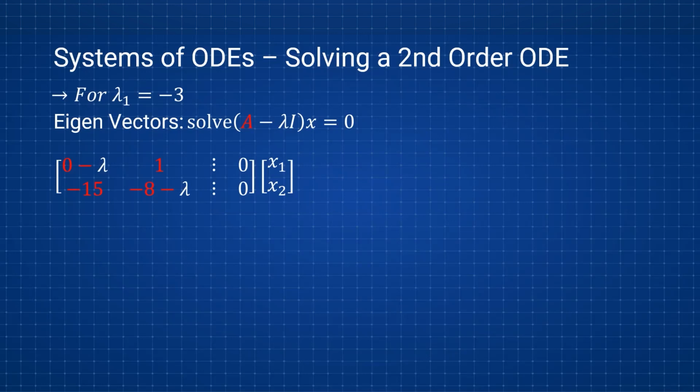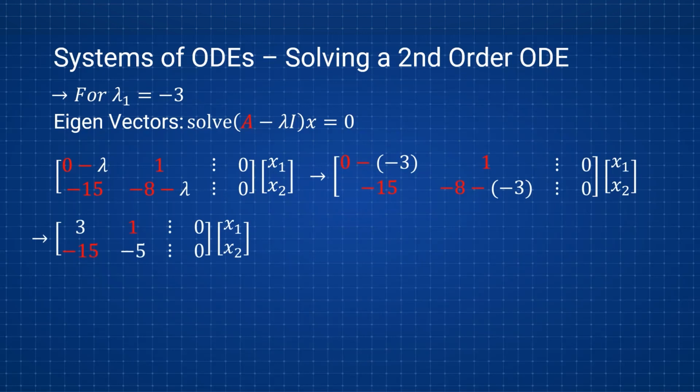In this case, it's not a determinant anymore; this is an actual matrix, and we're doing matrix multiplication. Wherever the lambda is, we substitute the eigenvalue, which in this case is negative 3. So we have 0 minus negative 3, 1, negative 15, negative 8 minus negative 3, 0, 0 times x1, x2. After we simplify, we get 3, 1, negative 15, and negative 5, 0, 0 times x1, x2.